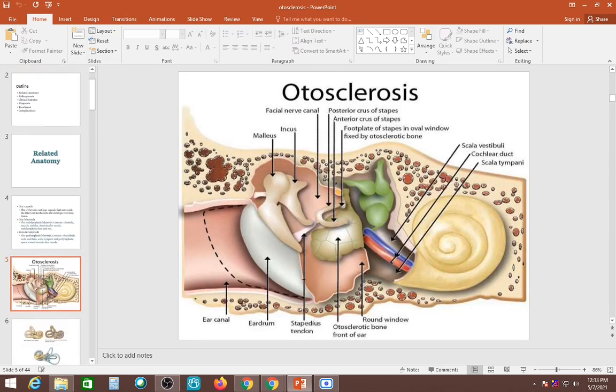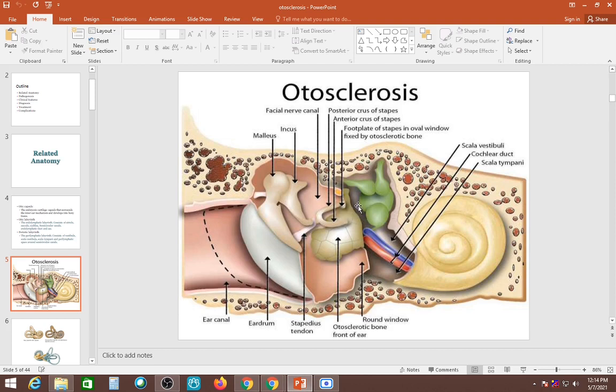In the next slide, can you see how the otosclerotic bone is forming in front of the ear? Can you see the pictures? Yes? This is the otosclerosis. You can see very clearly in the pictures which bone it affects.